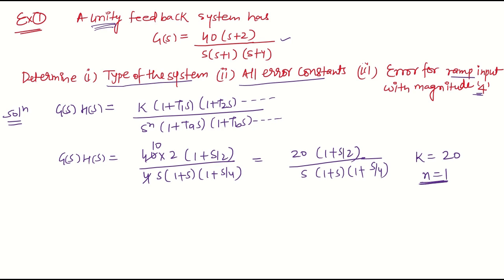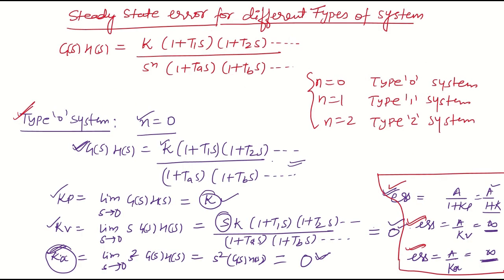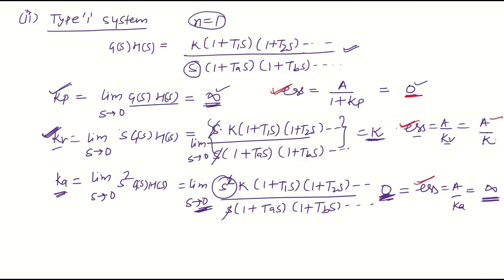Since the value of n is 1, we can say that this is a type 1 system. Now for a type 1 system, if you want to calculate all the error constants, let me go back to the slide in which we determined all the constants. For a type 1 system, we determined the value of Kp, which was infinite, the value of Kv is K, and the value of Ka is 0.